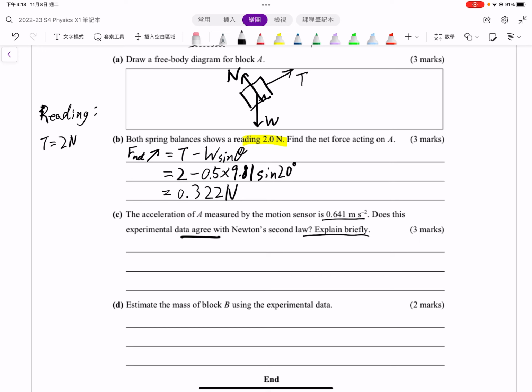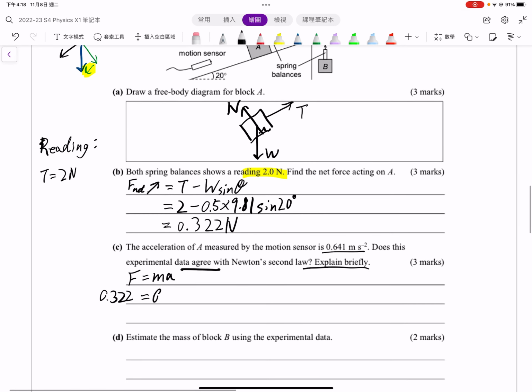So F equals ma. The force is 0.322 equals the mass, that is 0.5, times a. The theoretical value of the acceleration is actually 0.645 meter per second squared.